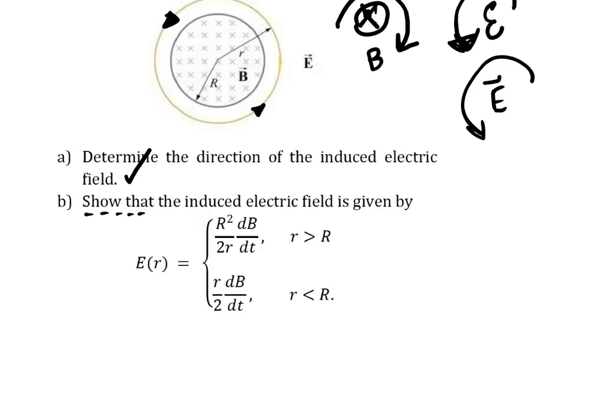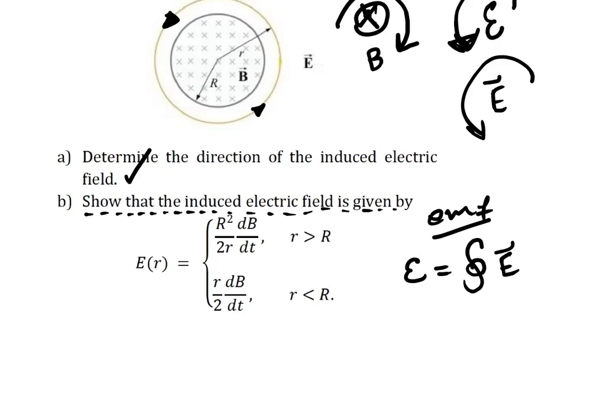And part B is to show that the induced electric field is given by this expression. So we start with the definition of the EMF. EMF can be written in terms of the electric field by the loop integral of the electric field times the displacement.